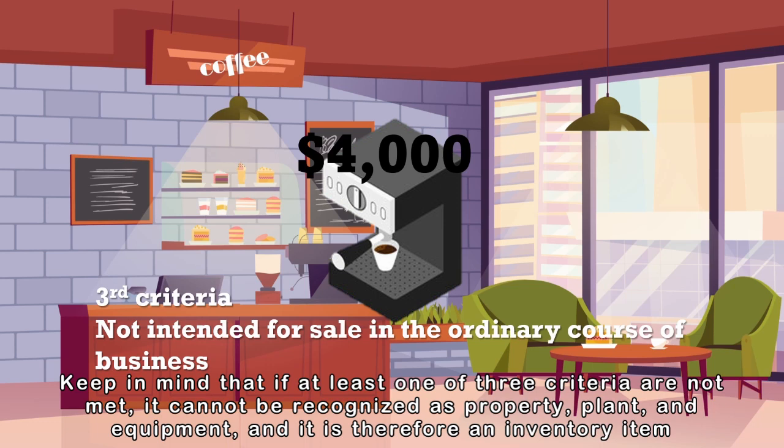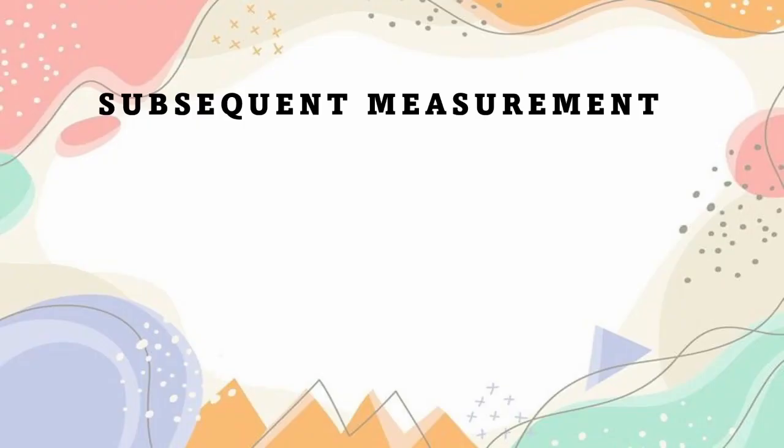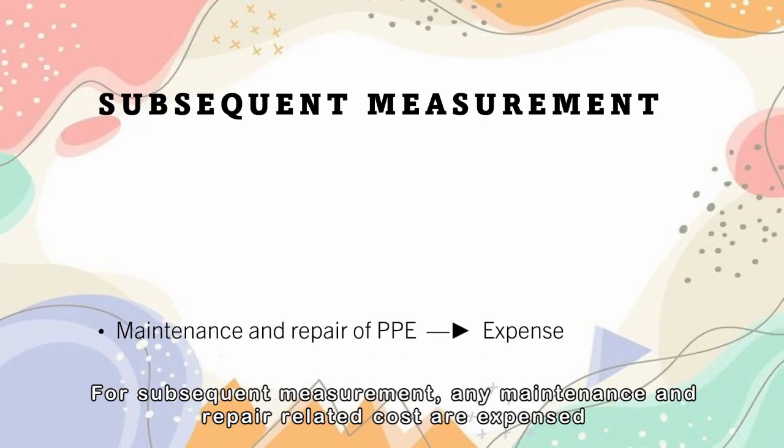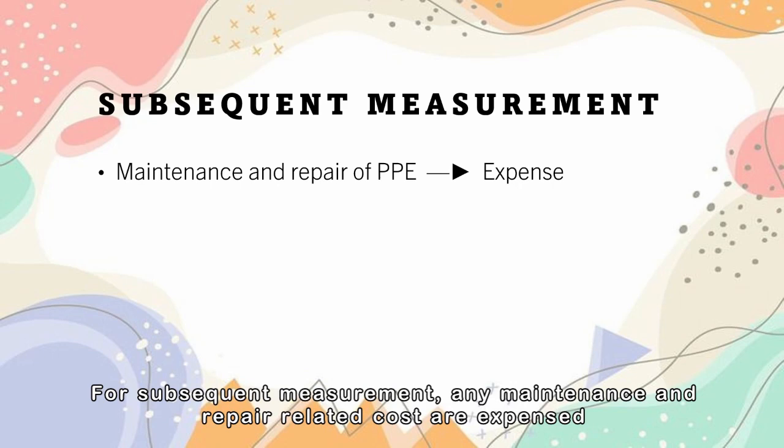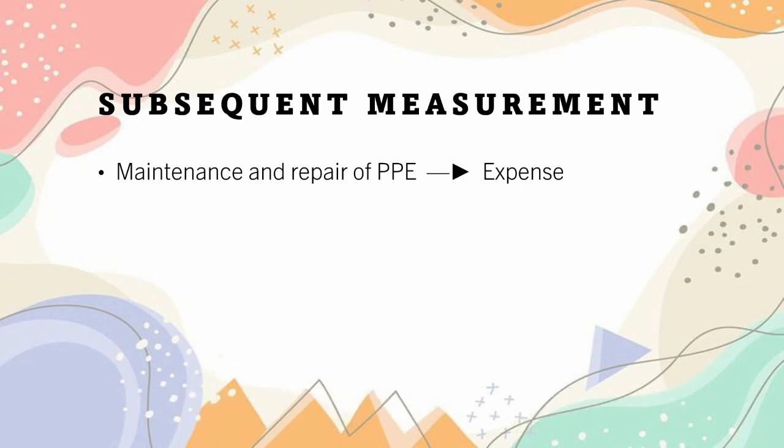Keep in mind that if at least one of three criteria are not met, it cannot be recognized as property, plant, and equipment, and it is therefore an inventory item. For subsequent measurement, any maintenance and repair related costs are expensed.